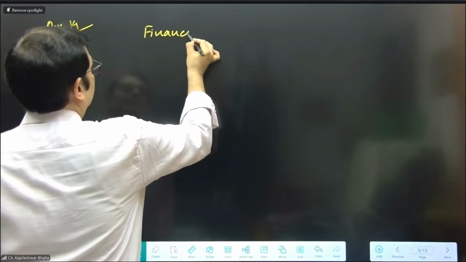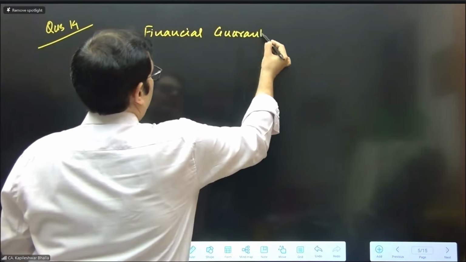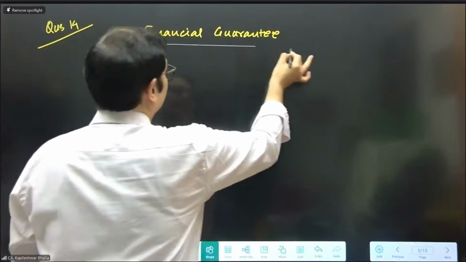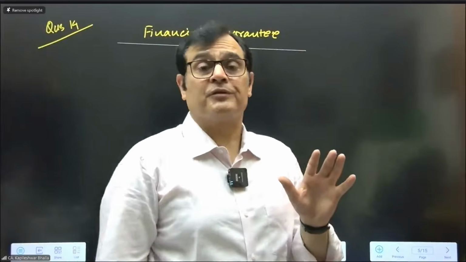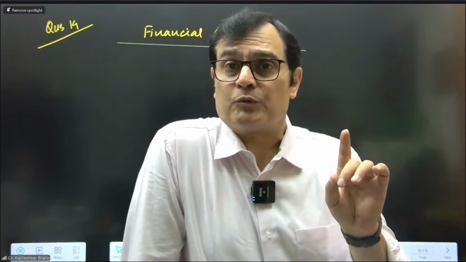So the first thing we need to do is get the financial guarantee fair value. So we're looking at the fair value of the financial guarantee. Whenever you're considering the fair value of the financial guarantee, you need to compare the interest rate with and without guarantee.